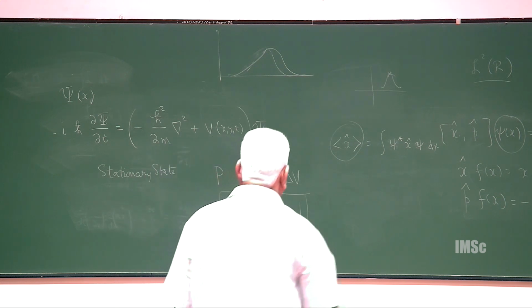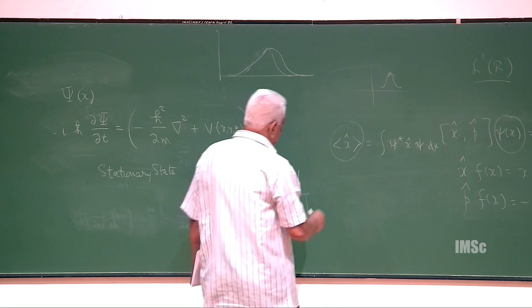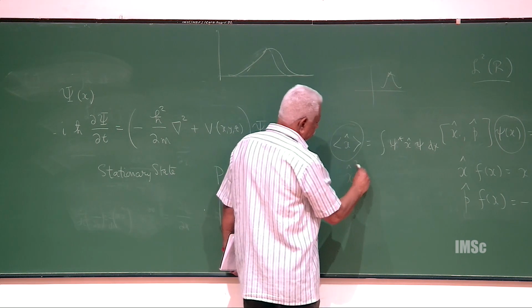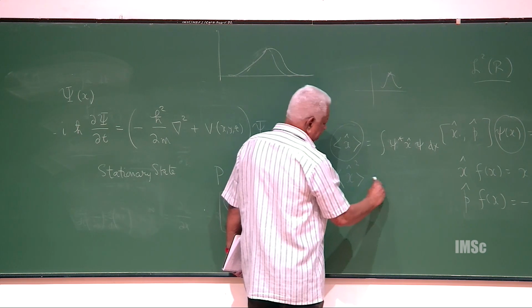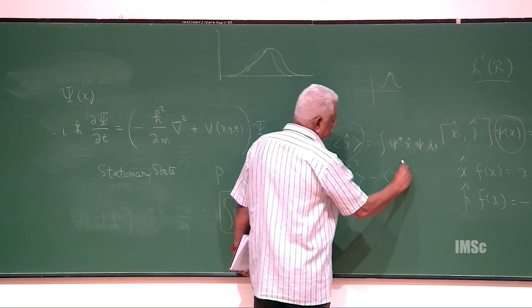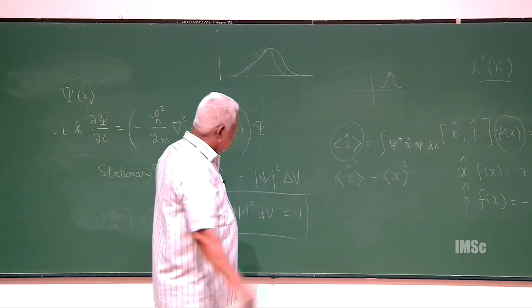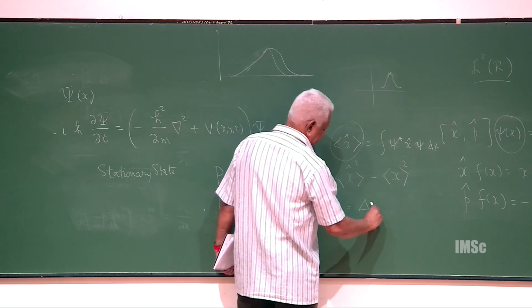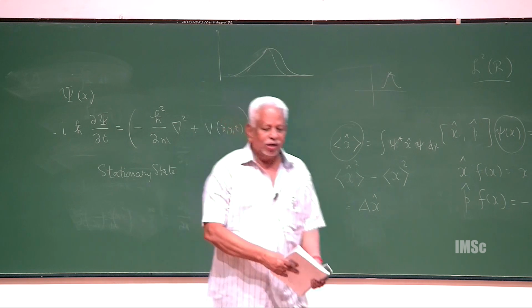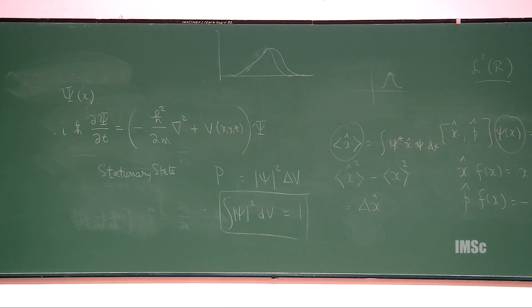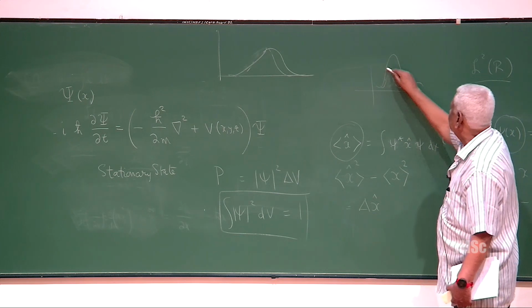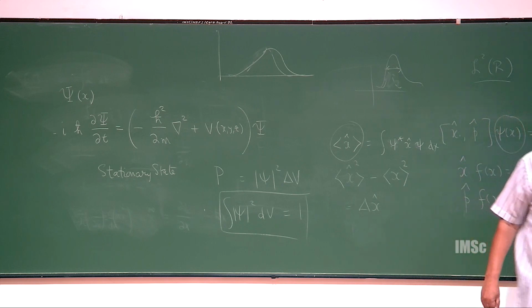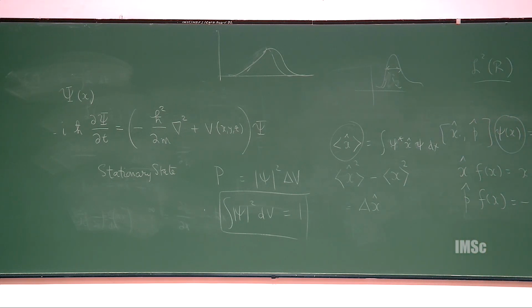But what is required for us is not this quantity. What you need is the expectation value of x hat squared minus the square of the expectation value of x. This is what is called delta x. Okay, if it is distributed from here to here like this, this is the region within which most of the time it will be found.